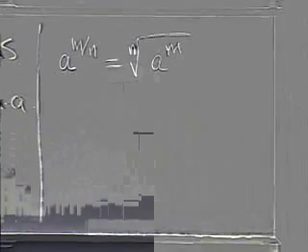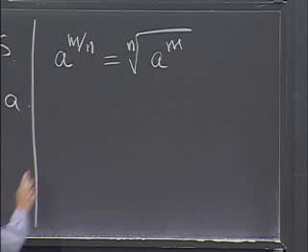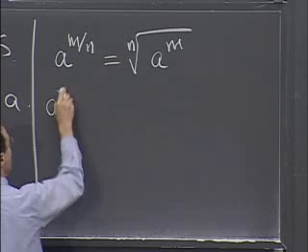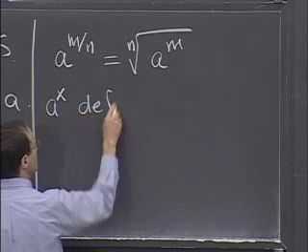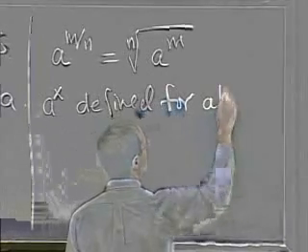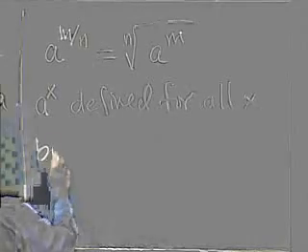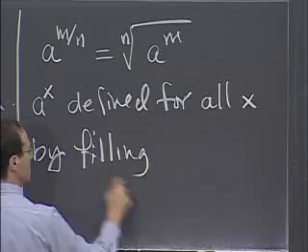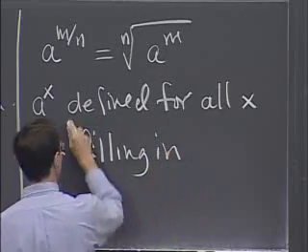So that's a definition. And then when you're defining a to the x, so a to the x is defined for all x by, in quotation marks, filling in by continuity.